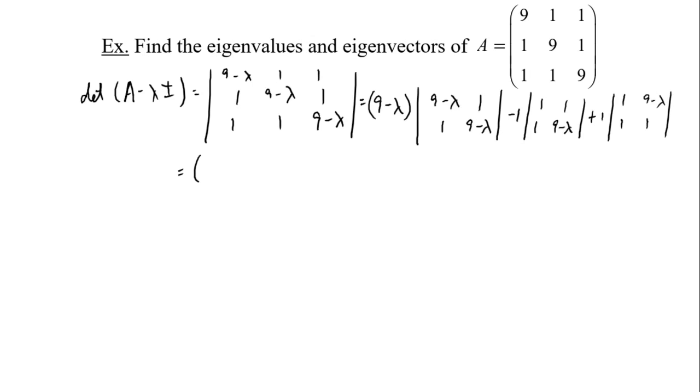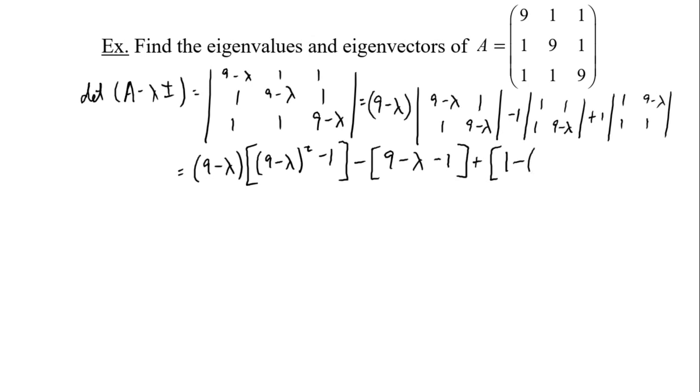So this becomes 9 minus lambda times (9 minus lambda) squared minus 1, minus, let's see, this will be 9 minus lambda minus 1, plus 1 minus (9 minus lambda).